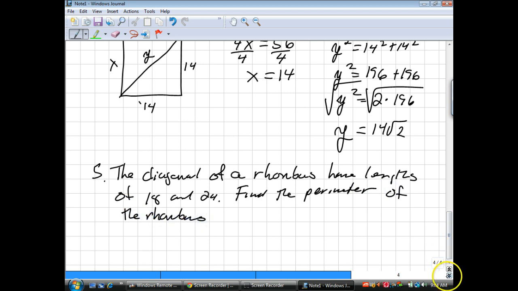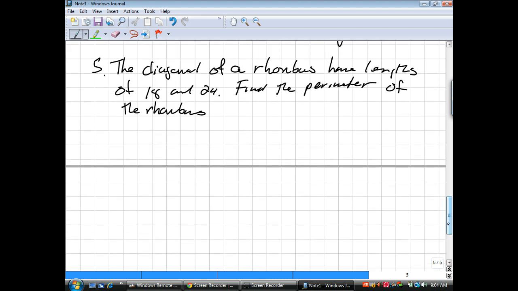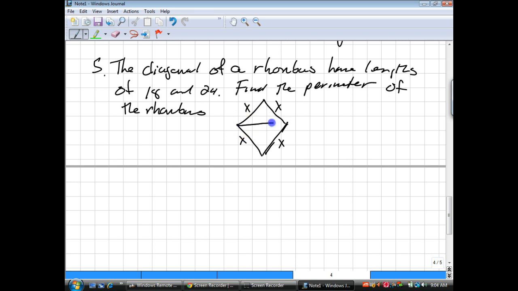Okay, well, what do we know about rhombuses? Rhombuses are parallelograms that have 4 congruent sides. So it might look something like that, where these are all x. Okay, and we know that this is 18 and this is 24.